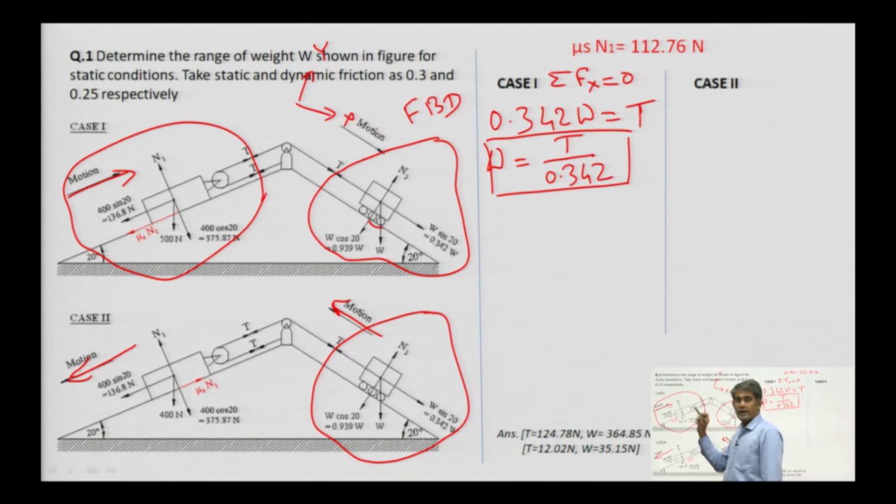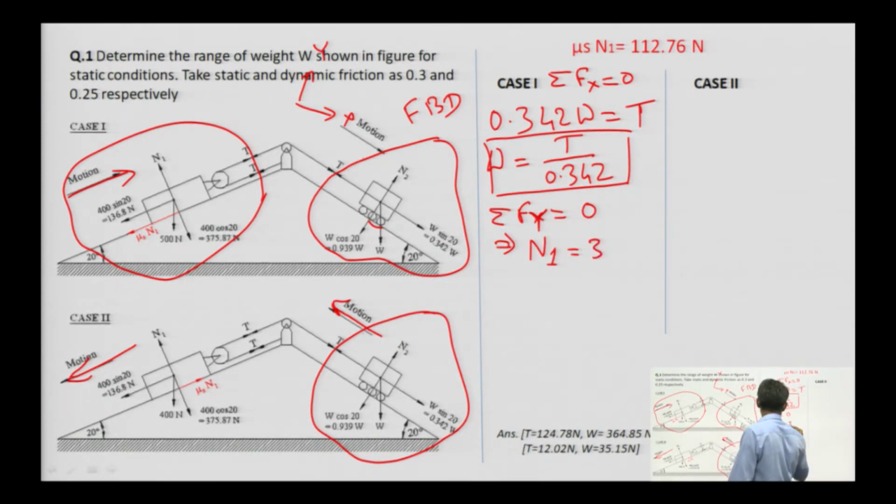If we apply the equilibrium conditions for this FBD, what will we get? Applying sigma Fy equal to 0, we get the normal reaction N1 equal to this value, 375.87.